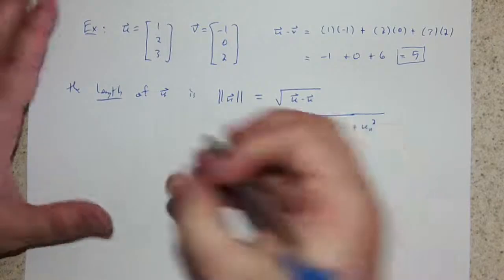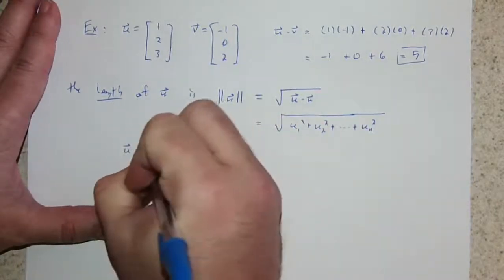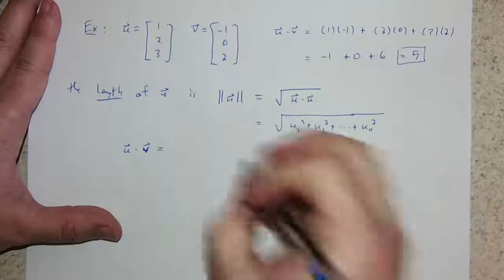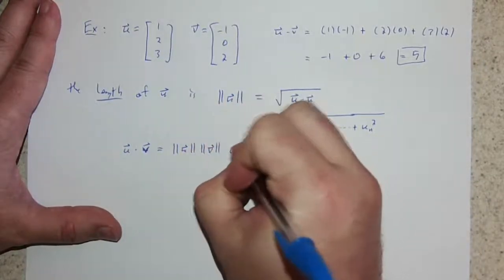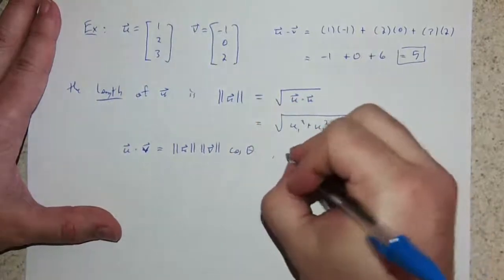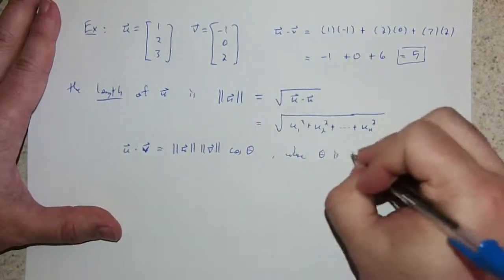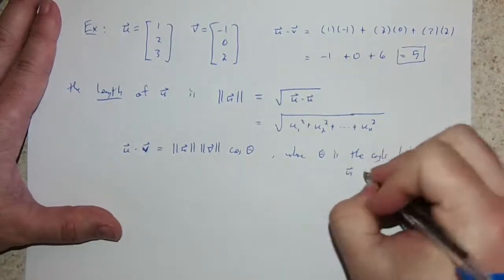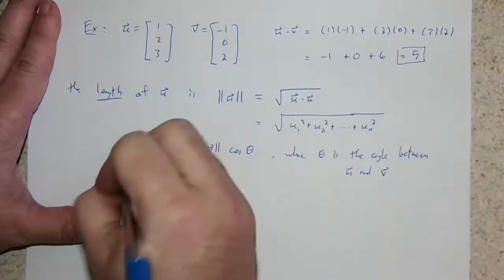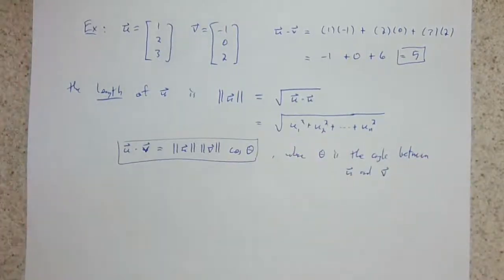There's also this fact that when you dot two vectors together, the result is the product of the lengths of the vectors times the cosine of the angle between them, where theta is the angle between u and v. You can prove this with some basic law of cosines stuff: just draw the picture and use the law of cosines for a triangle.